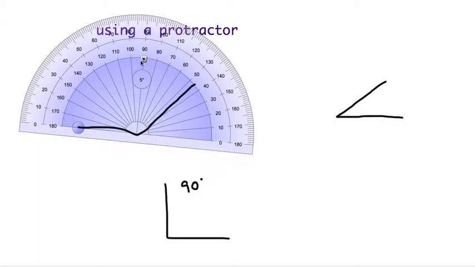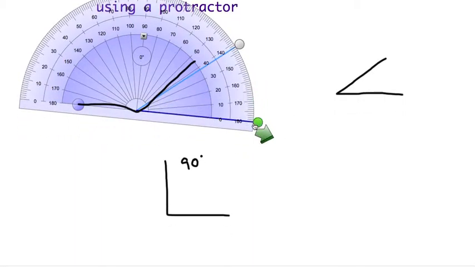Now if we see our 90 degrees right here, and this angle is facing this direction, it looks like it's going to be larger than 90 degrees or an obtuse angle. So when I go to measure my angle, ooh, this isn't working so well. I need to start over here.